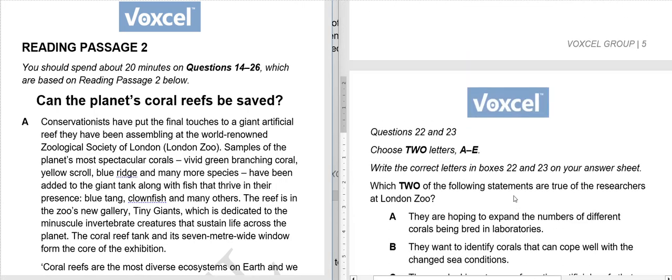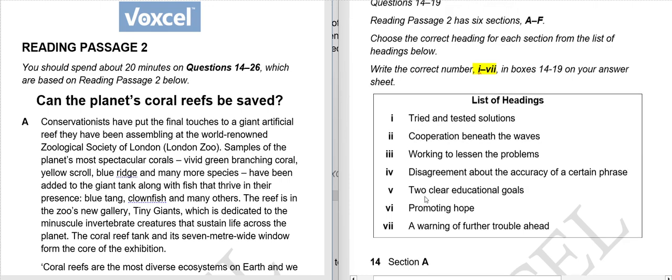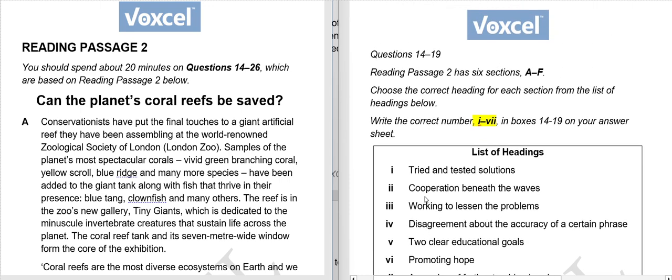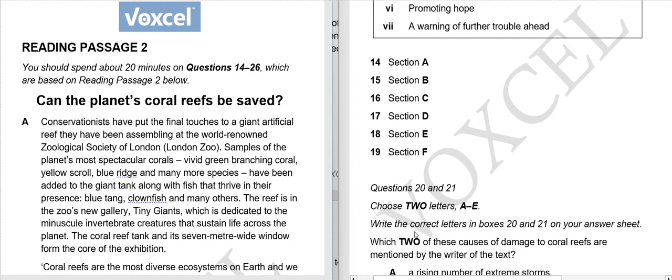Now we're gonna solve these questions. There are 2 methods to solve such questions if you encounter such types of question. First, you can solve all the list of headings, like section A, section B, C, D, E, F, and after solving them you will get an idea of where the information is.